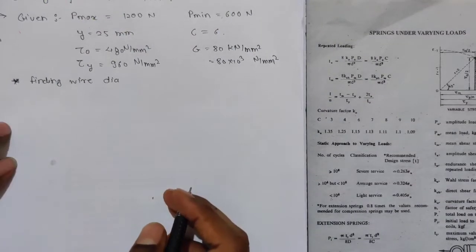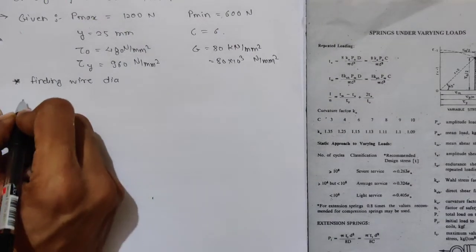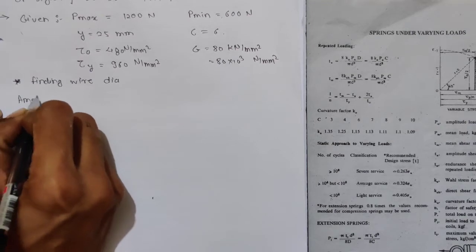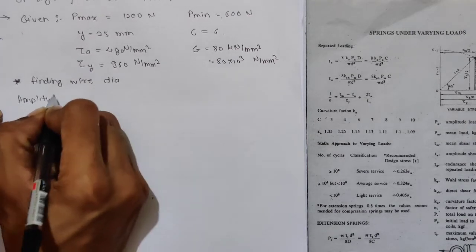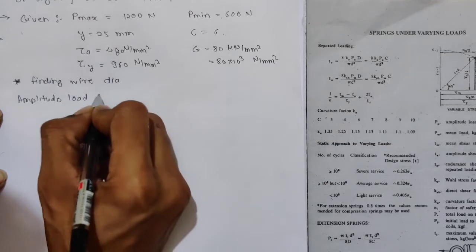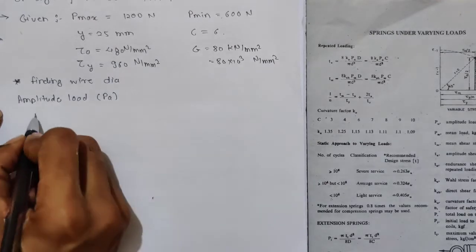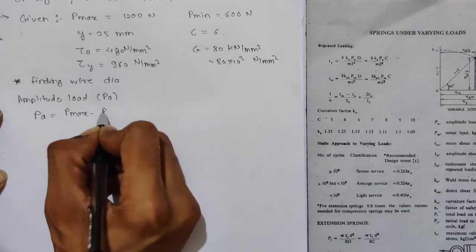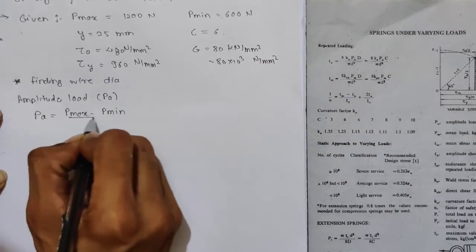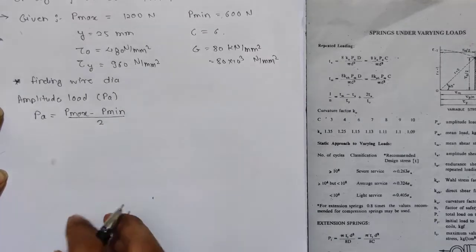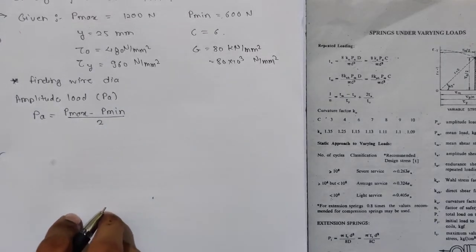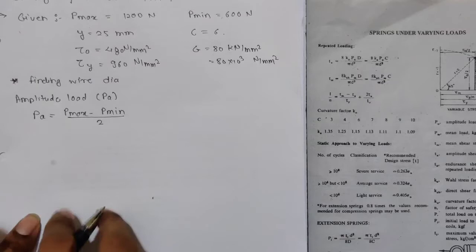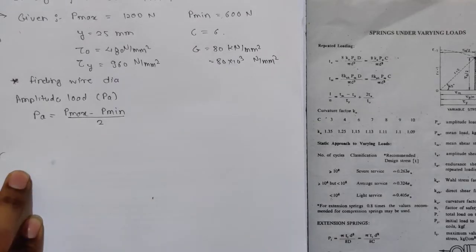First we will find the amplitude load, also called PA. The formula is PA equal to P max minus P min upon 2. This amplitude load and mean load formula you will see in the fourth module, that is, design against fluctuating load.